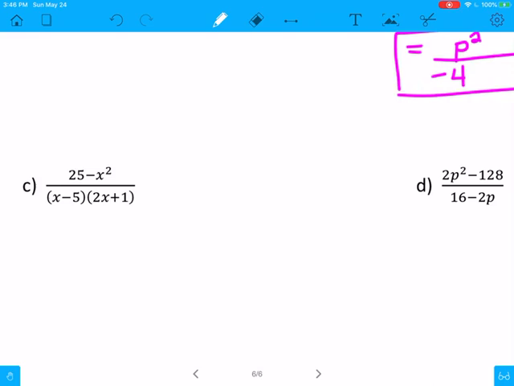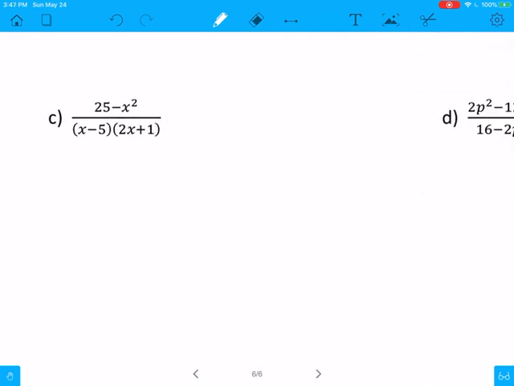So 25 minus x squared over x minus 5, 2x plus 1. So 25 minus x squared is actually a difference of squares. If I take the square root of 25, I get 5. The square root of x squared, I get x. And there's a subtraction sign in between. So I'm going to get 5 minus x, 5 plus x.